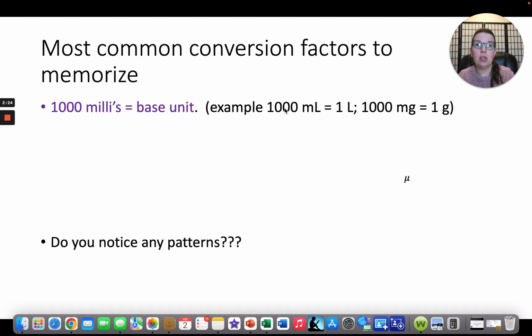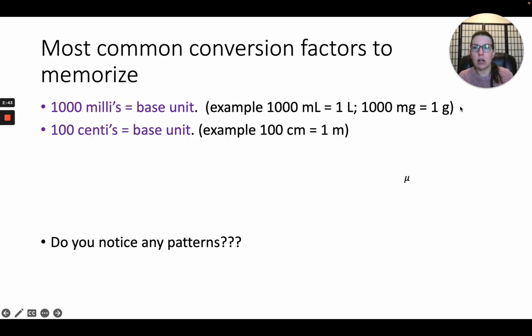So for example, 1,000 milliliters equals 1 liter. 1,000 milligrams equals 1 gram. And if you look back at the King Henry chart, you'll see that the milli is 3 spaces over from the base unit because it has 3 zeros. So that makes sense.